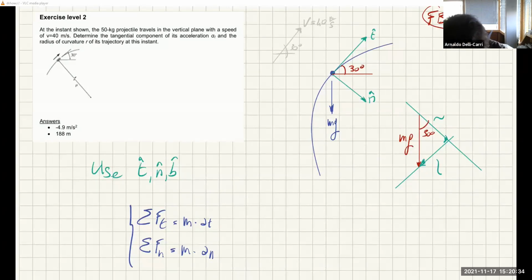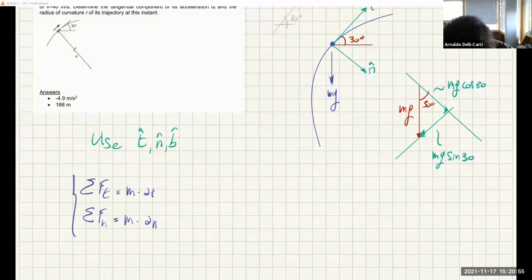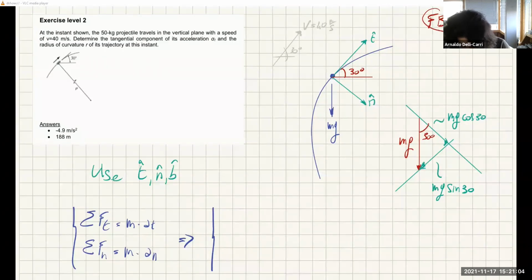Therefore, this one is mg cosine of 30 because it's adjacent, and this one is mg sine of 30. So let's spell out these equations by saying the only force in direction t is this one, which is minus mg sine of 30.